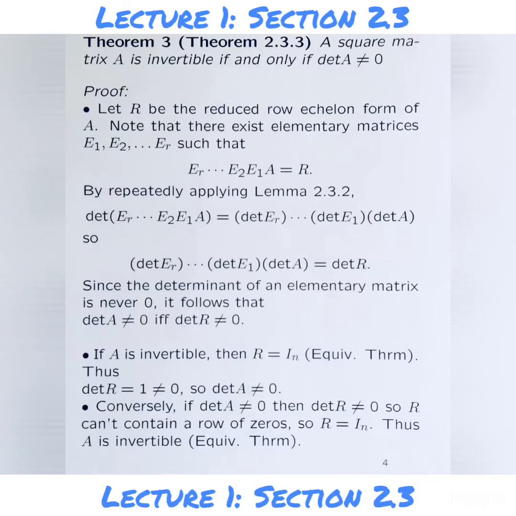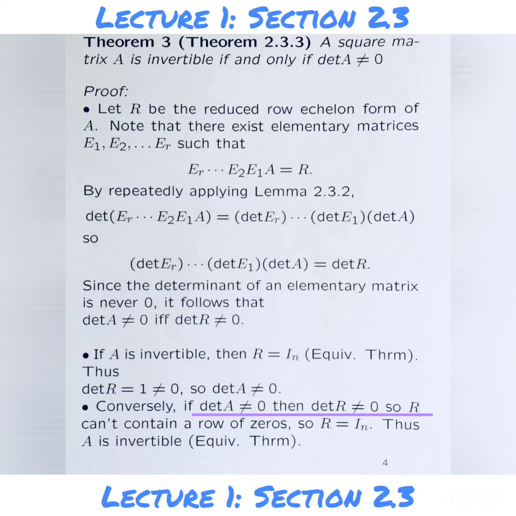So now proving from right to left, we assume that the determinant of A is not 0. Now if the determinant of A is not 0, it means this product on the left-hand side is going to be non-zero. And that's then going to imply that the determinant of R is not going to be 0.